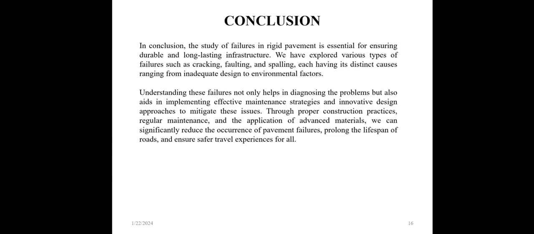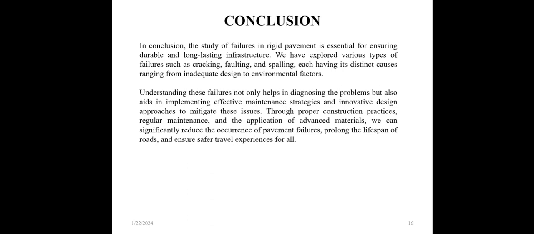Conclusion: in conclusion, the study of failure in rigid pavement is essential for ensuring durable and long-lasting infrastructure. We have explored various types of failure such as cracking, faulting, and spalling, each having its distinct cause, ranging from inadequate design to environmental factors.